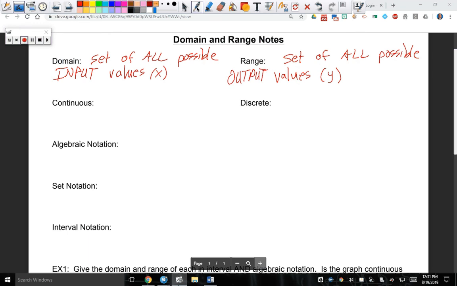All right, so let's make this kind of a real world type of example. Over there near the cafeteria, we know we have those 4 Coke machines or whatever they are, right? The domain is the allowable inputs. Guys, what can you put into those machines to get your drink? You can put money, right? You can put quarters. Quarters is in the domain. It's an allowable input. What else can you put?